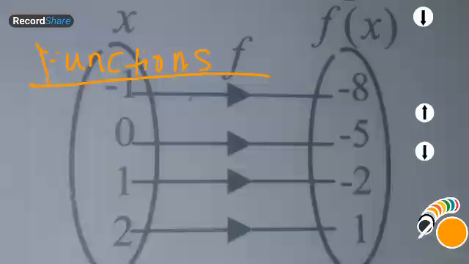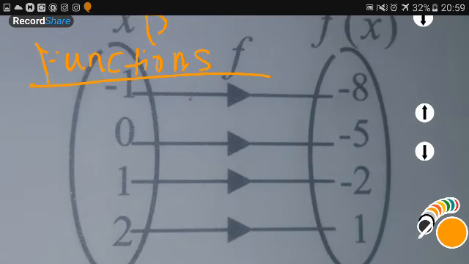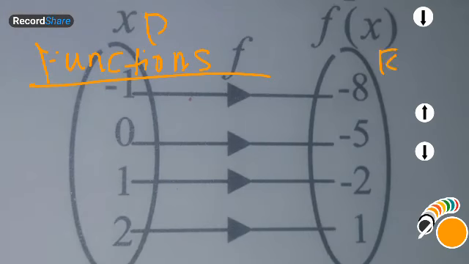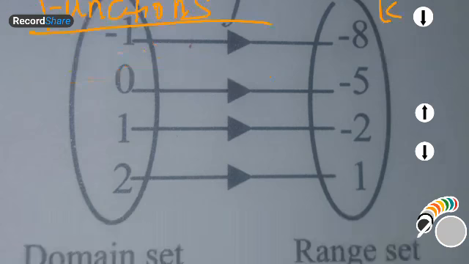This picture behind shows the relationship of a function from the domain x here to the range, which is function of x. That is the relationship between the domain and the range, and that is what makes up a function. So without wasting any time, let us continue with today's lesson.